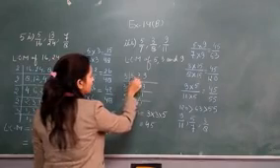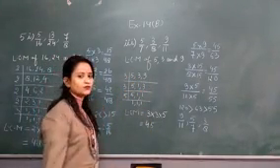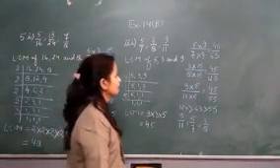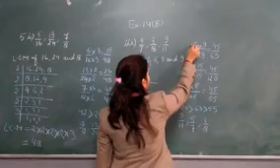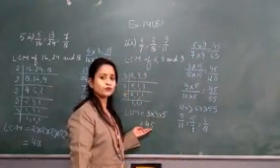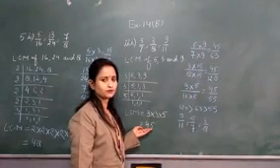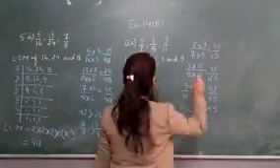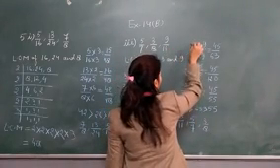LCM of 5, 3, 9 is 45. Now, we will make the numerator of each fraction equal to the LCM, that is 45.